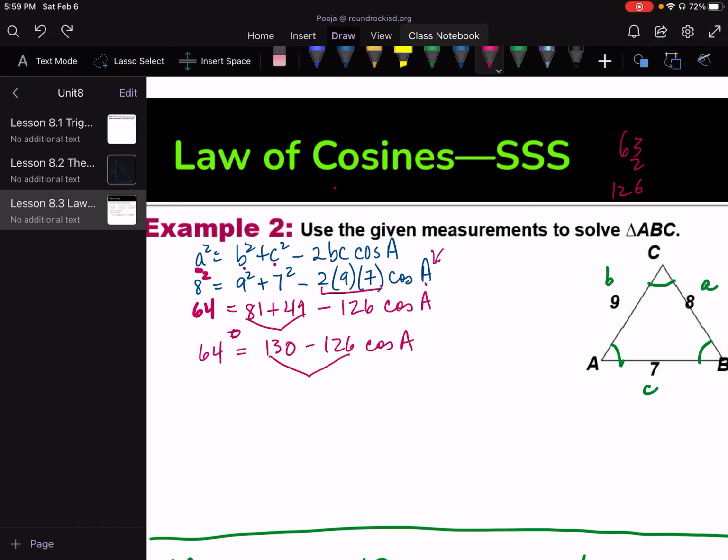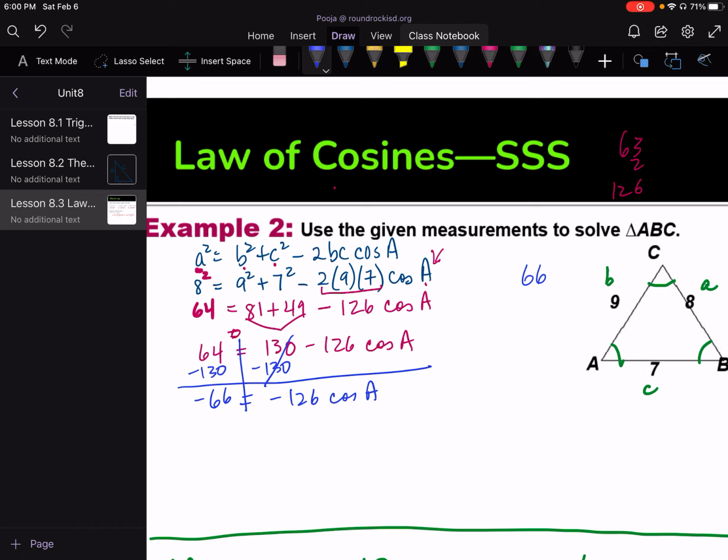That will be incorrect because 126 cosine A is one whole term and I cannot separate them yet until I get to the very last. So the next best thing you can do here is subtract 130 from both sides. Negative 126 cosine A. 64 minus 130 would be negative 66.